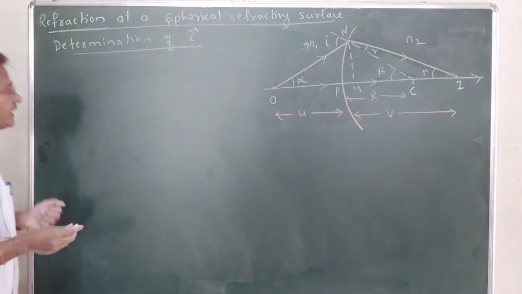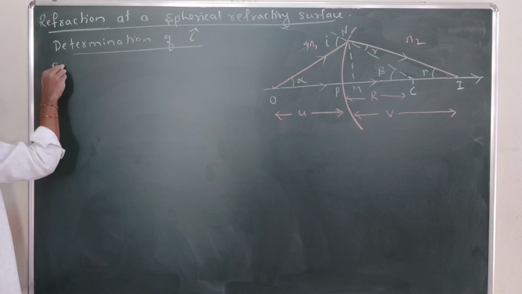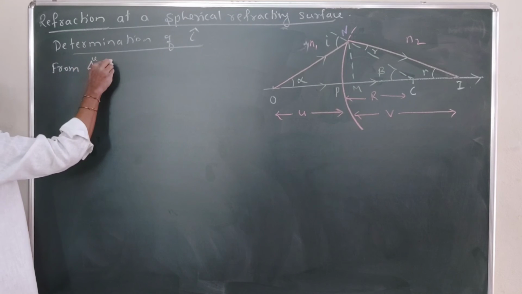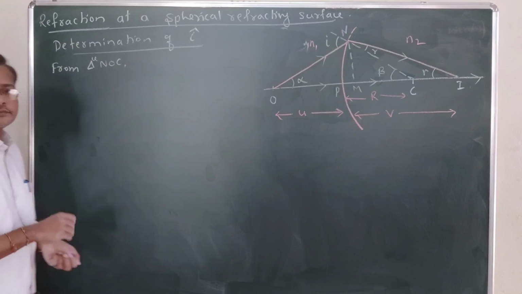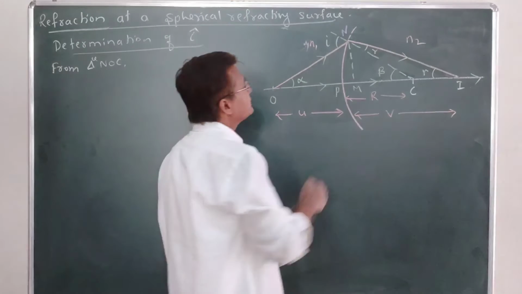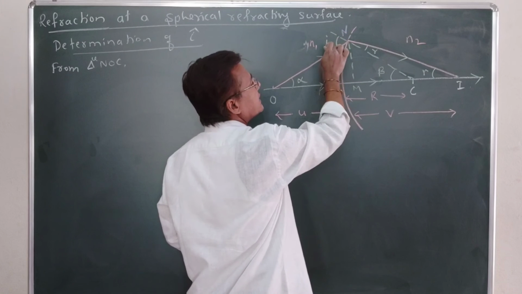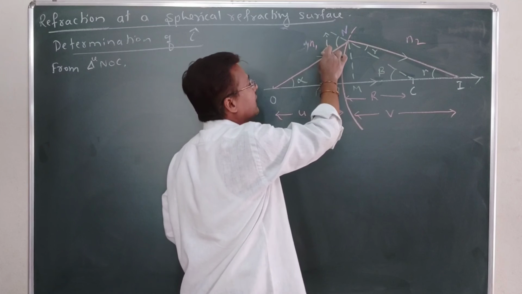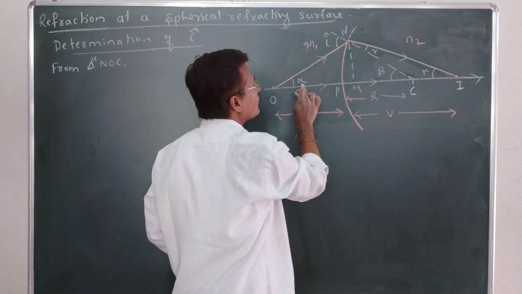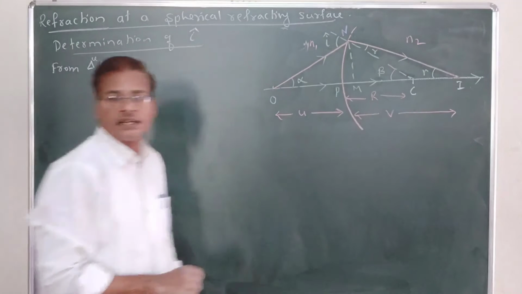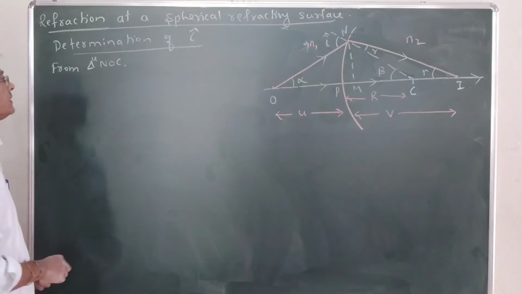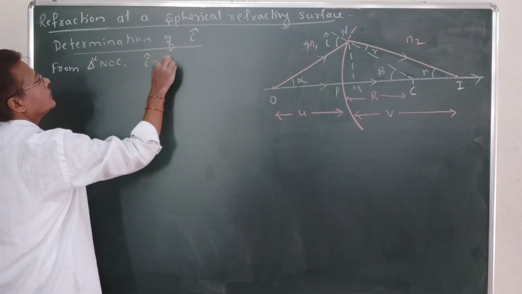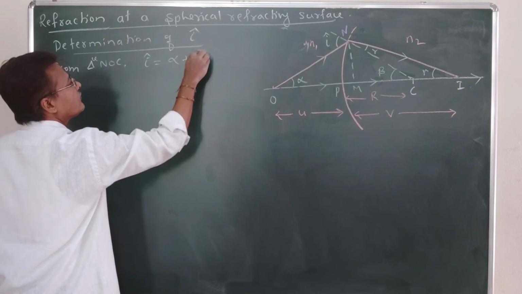In triangle NOC, I is the exterior angle, and the exterior angle is equal to the sum of the two interior angles of the triangle. So I equals alpha plus beta.